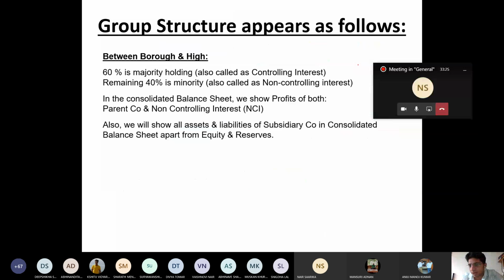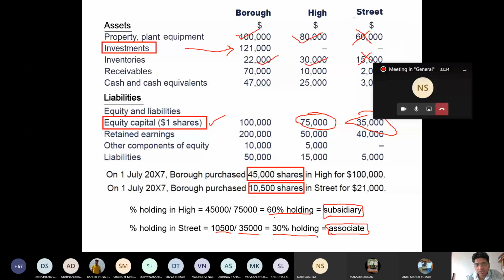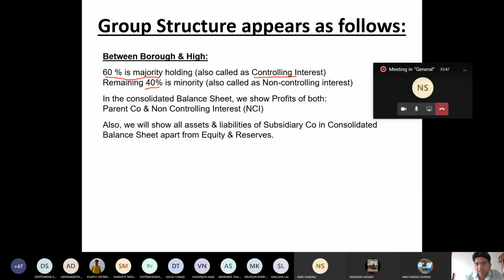Between Burrow and High, in the same example, 60% is majority holding. This means Burrow is controlling 60% of High, but the remaining 40% will be your minority.